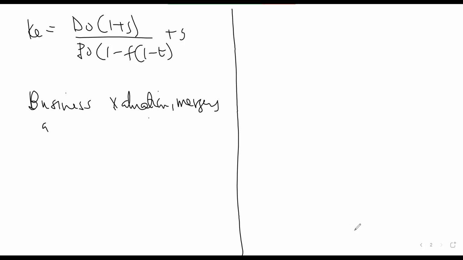You have to know that for business valuation, the examiner can decide to make all of it, 20 marks, but the examiner can decide to make the calculation 14 marks and make the theory part what? 6 marks. Or they can decide to make the calculation 12 marks and the theory part 8 marks.